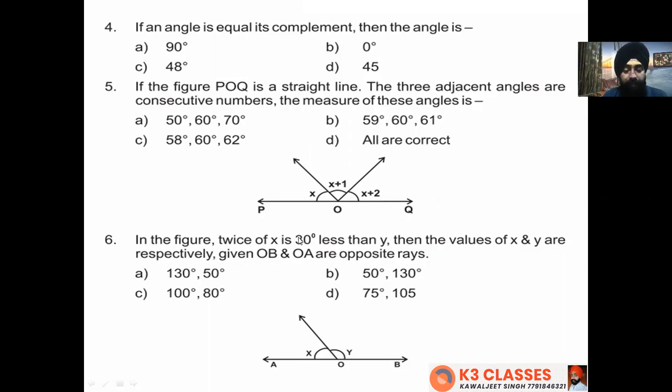These are the basics of lines and angles of class 9, chapter number 6 of mathematics. In this way, we will complete the other types of angles in our next video.